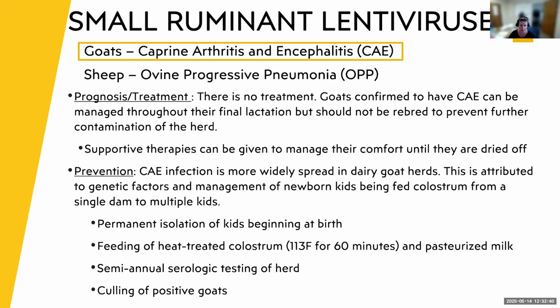To prevent any of that, isolate kids beginning at birth, feed heat-treated colostrum, which has to be up to 113 degrees Fahrenheit for at least 60 minutes, as well as pasteurized milk, again, to kill any of those lentiviruses. You can also do semi-annual testing of your herd so that any animals that are positive can be removed, and then cull those positive animals.